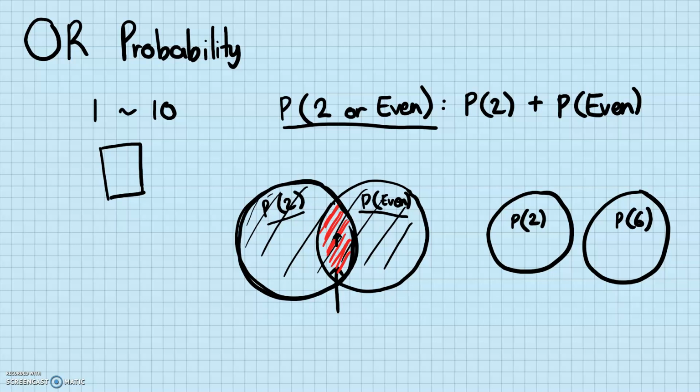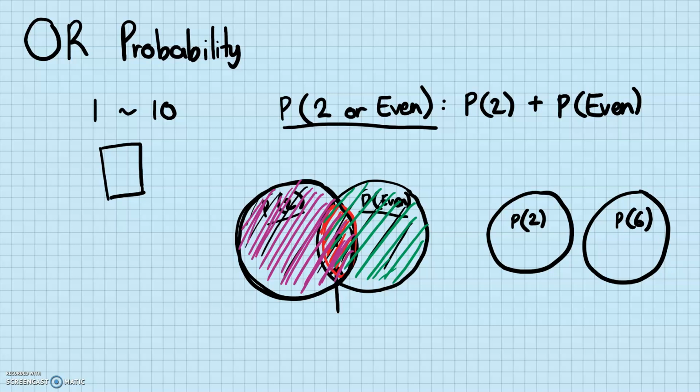For the probability of picking a 2, we've calculated that. And then when we're calculating the probability of picking even numbers, we're calculating that too. Notice that the overlapped section here, the red section, has been accounted for 2 times.